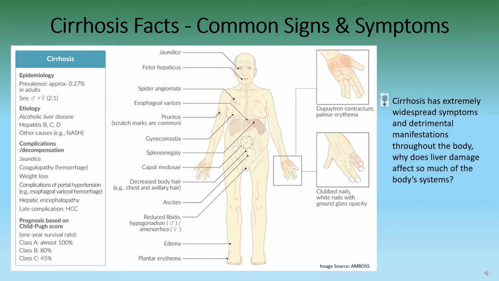It is responsible for storage of many nutrients. It regulates blood glucose and blood sugar levels. It processes and excretes many toxic byproducts and metabolites, which are very detrimental if they accumulate. So when this organ is damaged, these factors can manifest throughout the body.